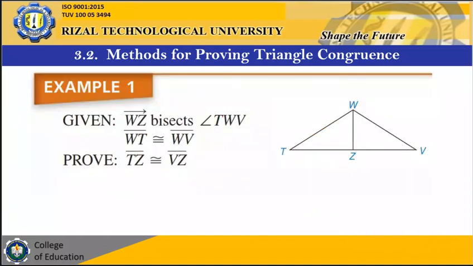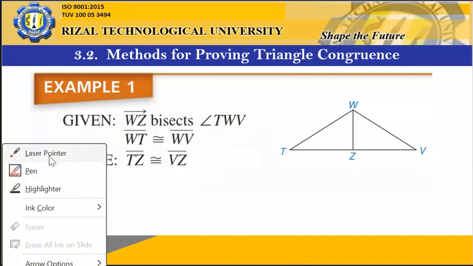Now let's have an example. Given that ray WZ bisects angle TWV, and segment WT is congruent to segment WV, let's show that segment TZ is congruent to segment VZ.